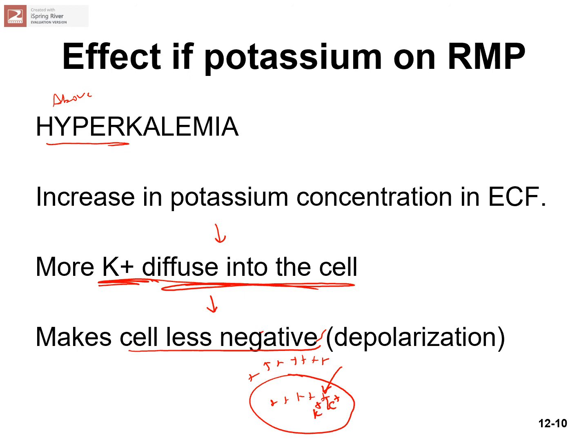So this movement of the cell from a negative to a positive charge, let's just say 0 or plus 30, is called depolarization. That means the cell loses polarity.